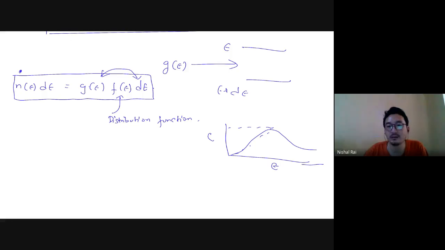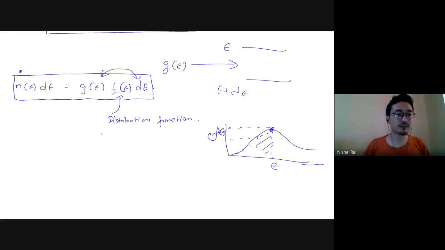Because over a certain range, the number of particles may be more. Over here, the number of particles may be less. So this is your distribution function. Now multiply by how many states there are. The density of states will give you the number of states. Is it clear now?